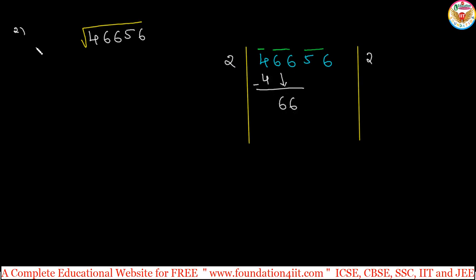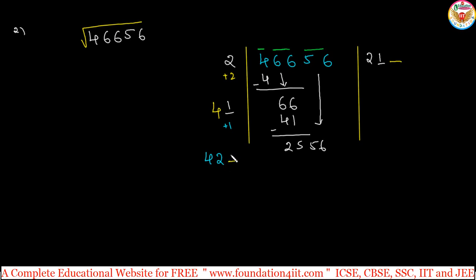Next set is 66. What should we do now? Whatever the units place is, add the same, because it is already a single digit, it's 4 now. So after getting 4, these places must be the same. 41 ones are 41, because 42 into 2 is more than 66, right? Next set is 56. According to our method, the units place should be added again. 41 plus 1 is 42. Now this third place must be filled.